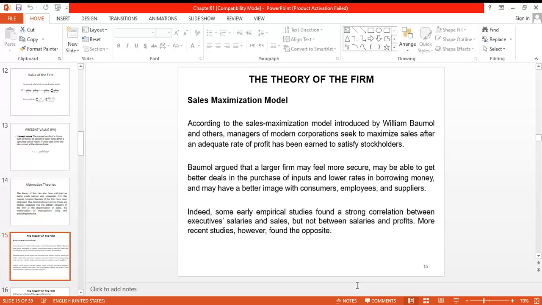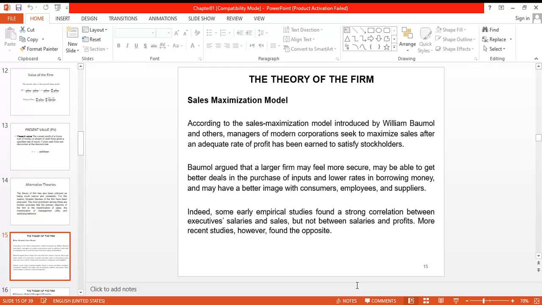Okay, and also please keep one thing in mind, that higher sales will mean that executives will get better salaries because the revenues are higher. And also, after all the payments and everything, the leftover, the bottom line profits may also be high.